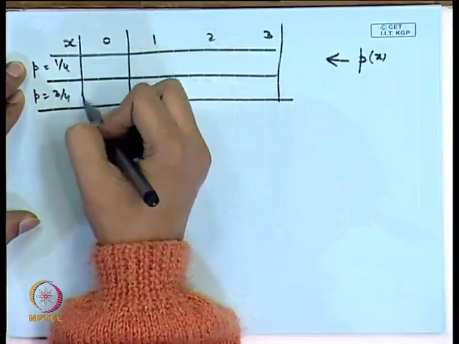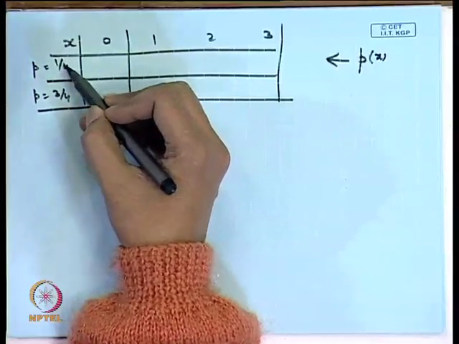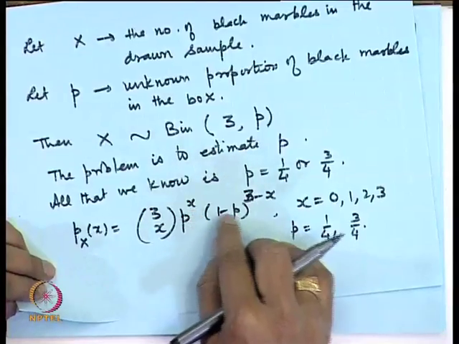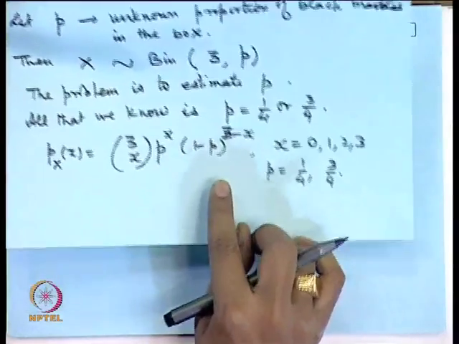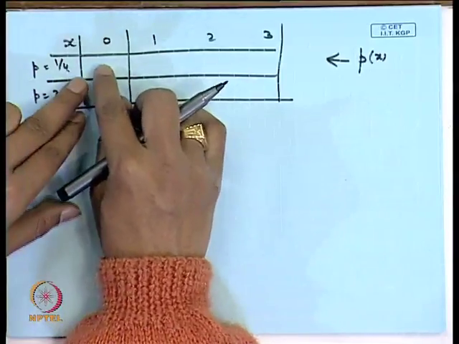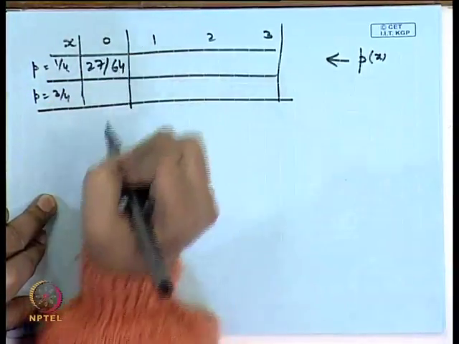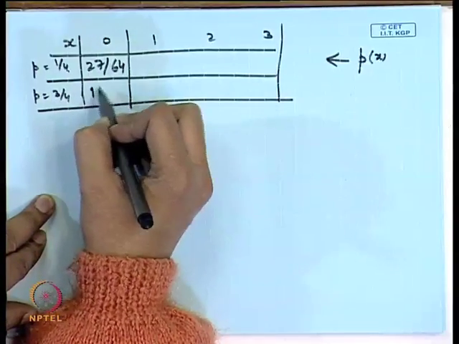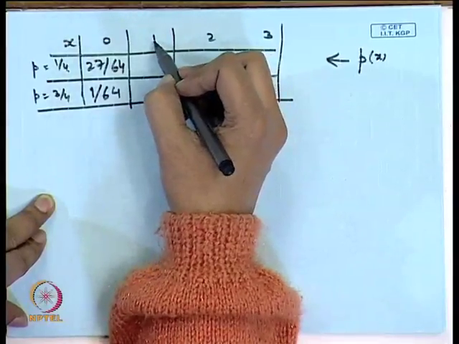What is the probability that X is equal to 0 when p is equal to 1/4? So, in this one, if we put x equal to 0, I get (1 minus p) cubed. So, (1 minus p) cubed, if p is equal to 1/4, becomes (3/4) cubed, that is 27/64. When p is equal to 3/4, this becomes 1/64. Similarly, let us consider x equal to 1.